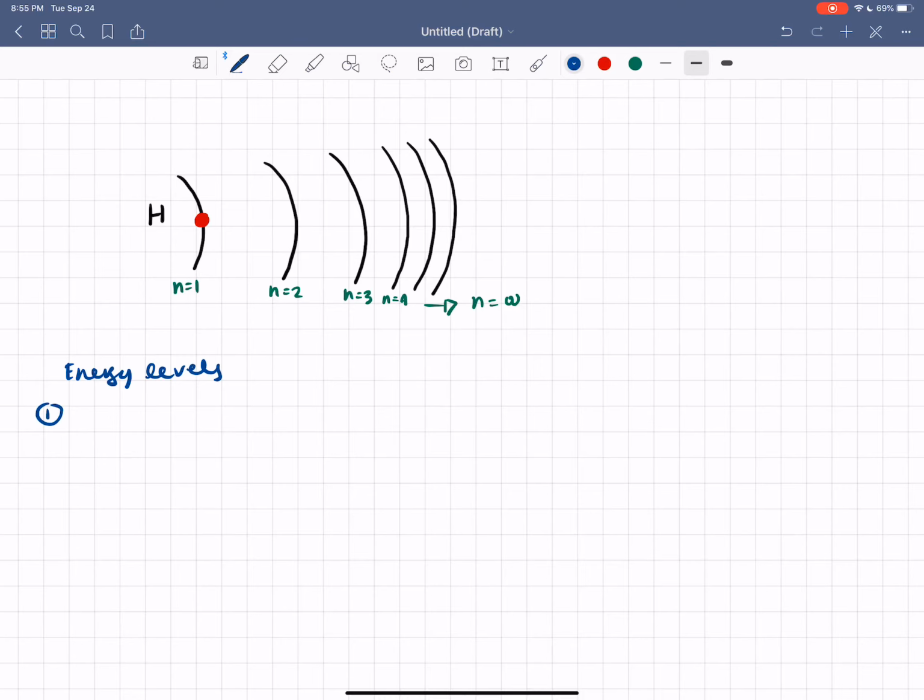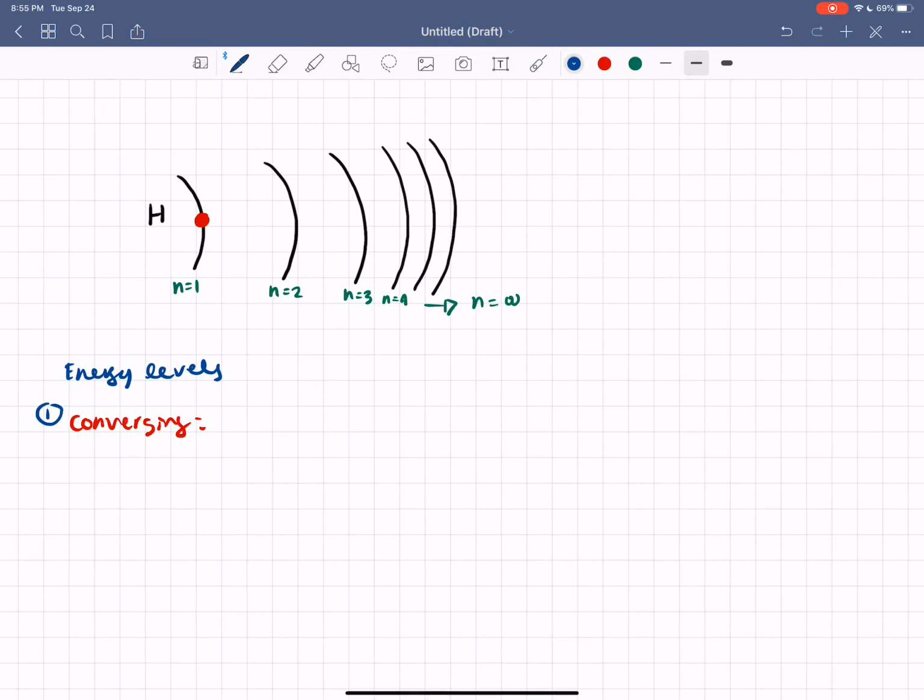First one is that they are converging. This means that every shell infinitely gets closer to one another further away from the nucleus. So shells converge at higher energy levels, which is what you can see happening. The gap from N1 to N2 is about 50% larger than the gap from N2 to N3. And from N3 to N4 is smaller than N2 to N3, and from N4 to N5 is smaller than N3 to N4.